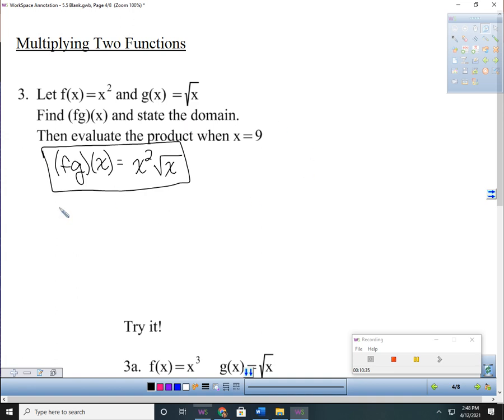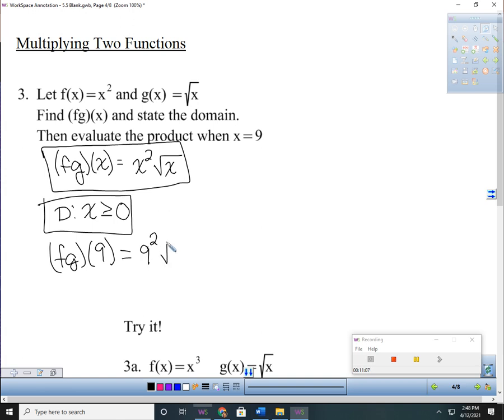For the domain, I notice that I do have an x under an even root, so therefore x has to be greater than or equal to 0, since that's all that's underneath there, right? And then I'm going to plug 9 in for my x's. So I have f times g of 9 is equal to 9 squared times the square root of 9, which is 243.